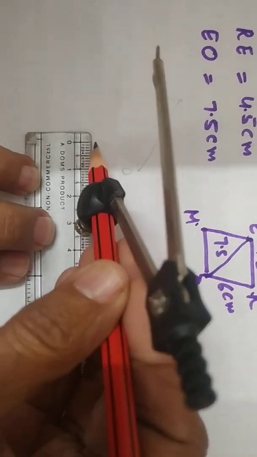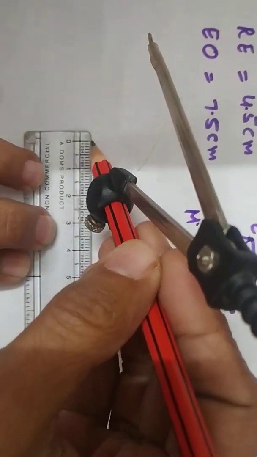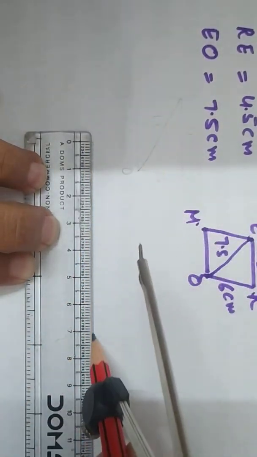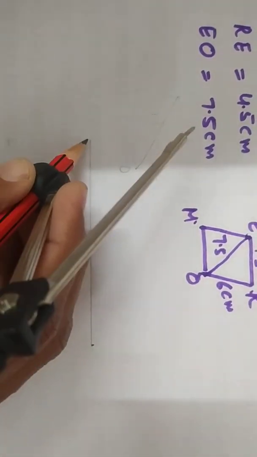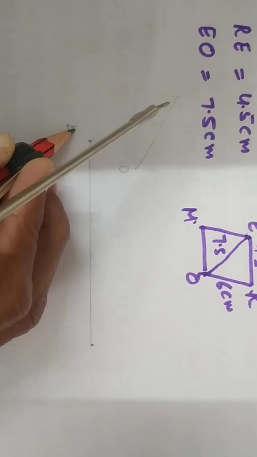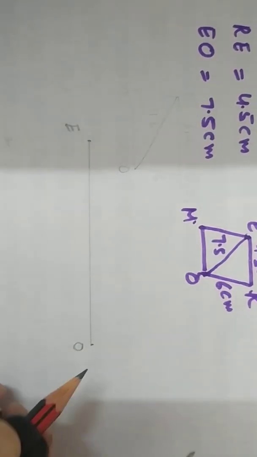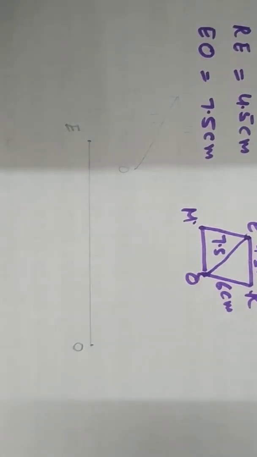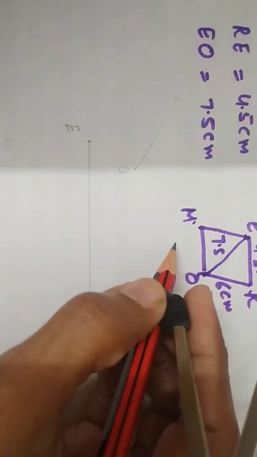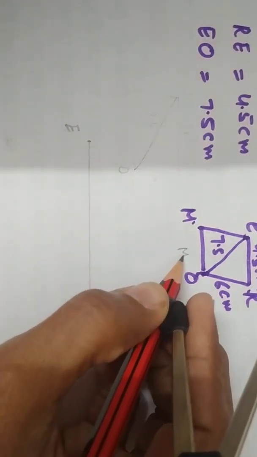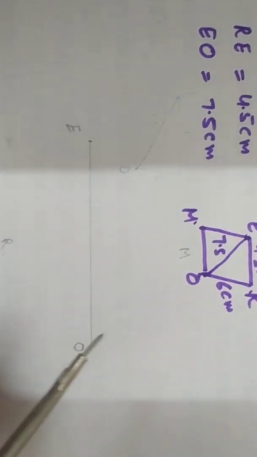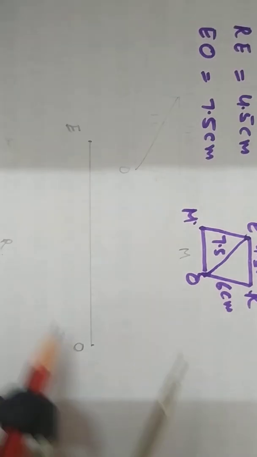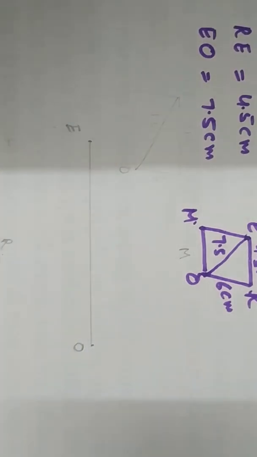So I am taking this scale and a line segment of 7.5 centimeter, and this is EO. Now M should be somewhere here, and R should be somewhere here. So it will become parallelogram MORE.